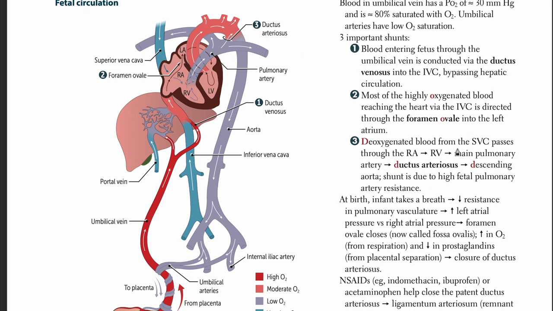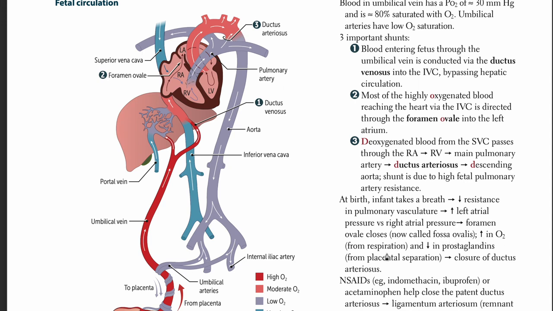Which wasn't much. So now there's an increase in pressure because now it's getting blood from the lungs itself, right? So that's why there's an increase in left atrial pressure versus the right atrial pressure. So now the shunt is going to reverse. Okay, so left atrial pressure is increased versus the right atrial pressure. So then the foramen ovale closes, now called fossa ovalis.